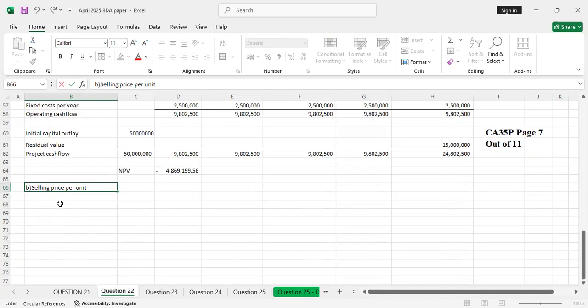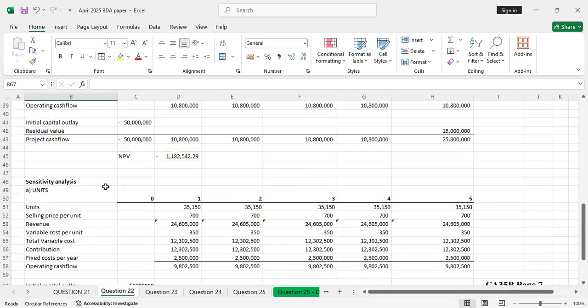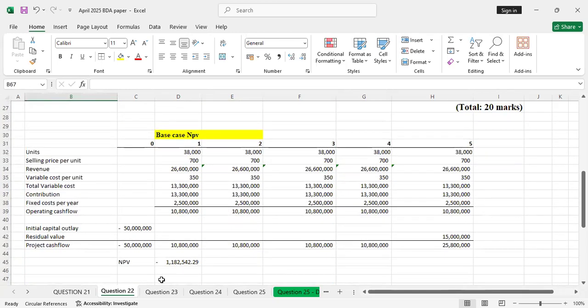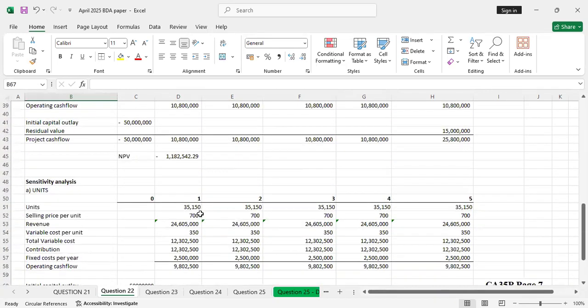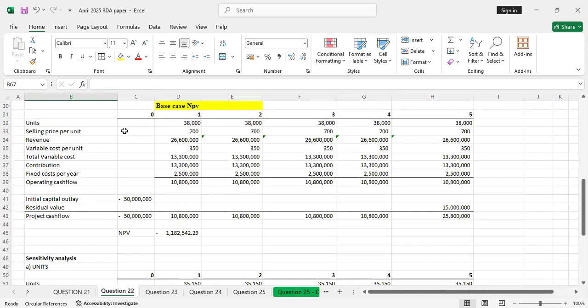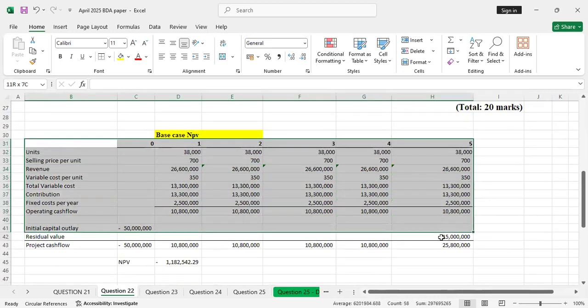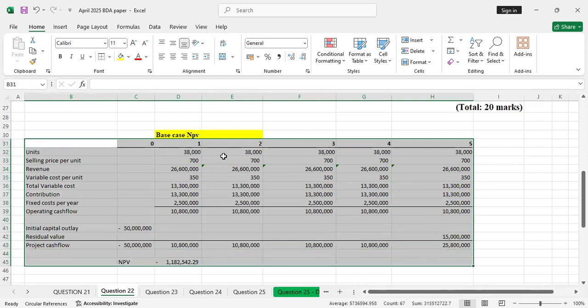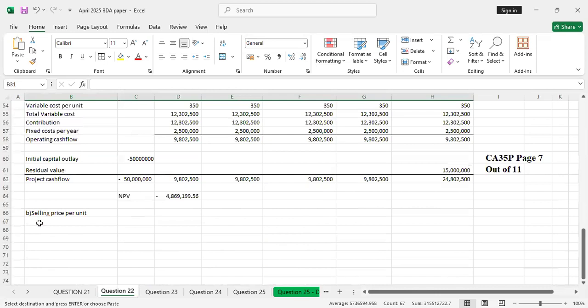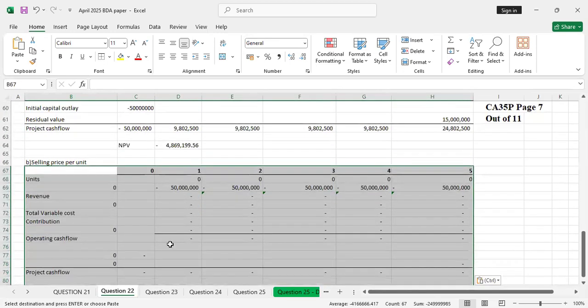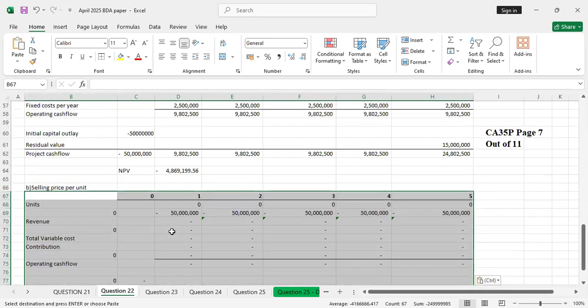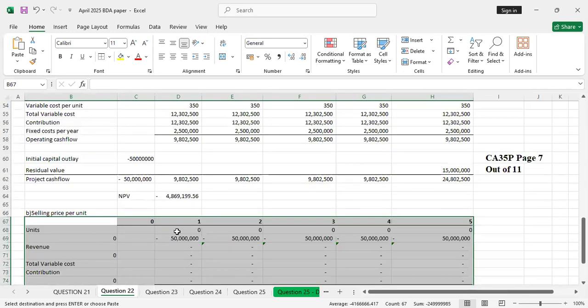So that's the second one. You still copy the best case NPV. Don't copy this, because if you copy this, you will mess up. So you copy the best case NPV. I'll highlight that up to that, then Control C, then you paste by saying Control V. Don't worry about that. So we'll start with the units.